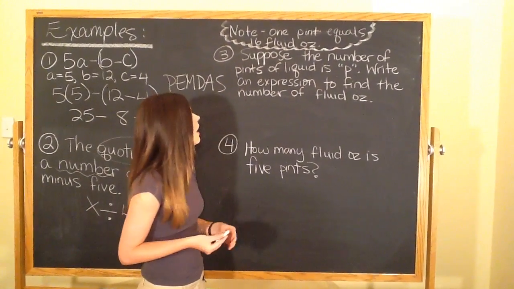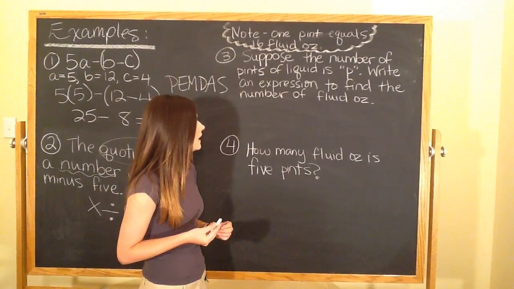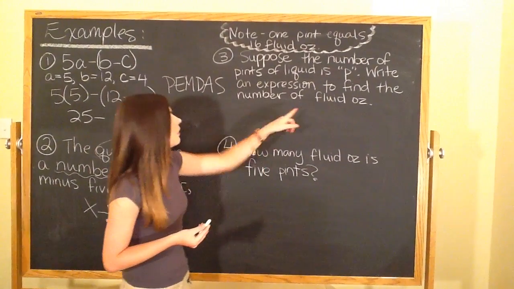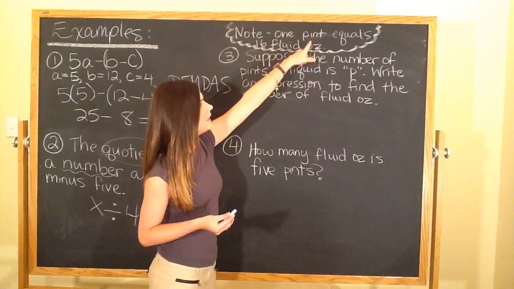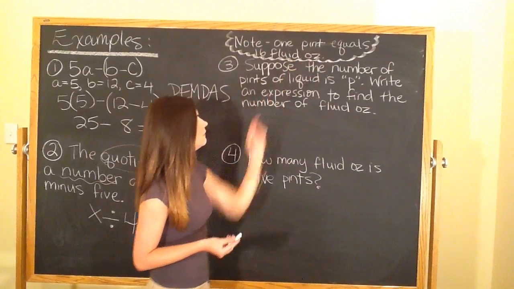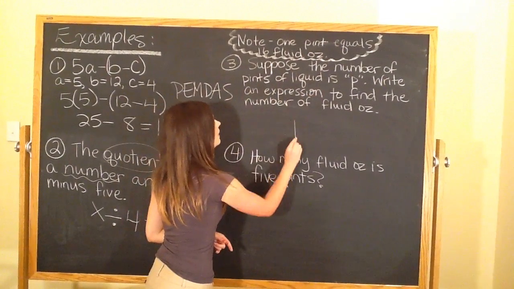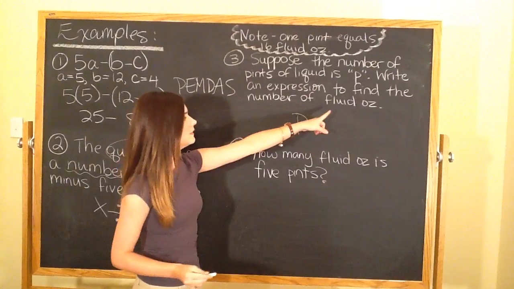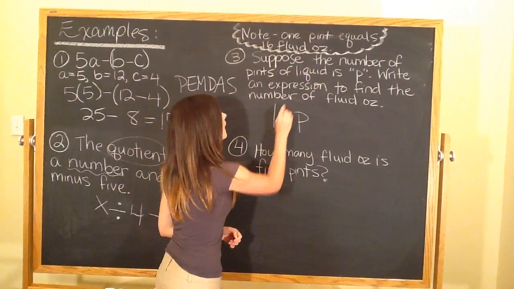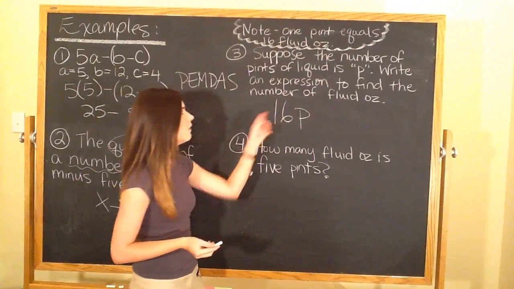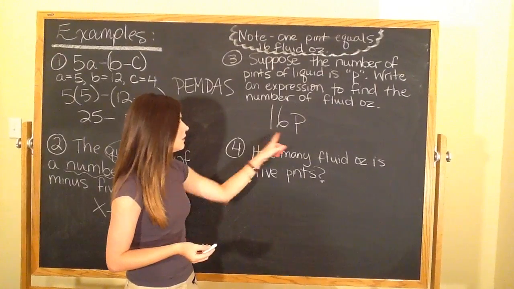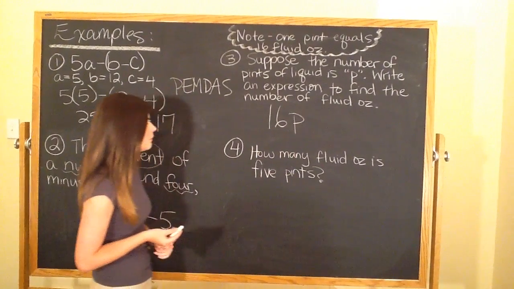Write an expression to find the number of fluid ounces. If we look up here, 1 pint equals 16 fluid ounces. So we're going to use our P. You're going to have to multiply 16 times P. So that's going to be our expression.